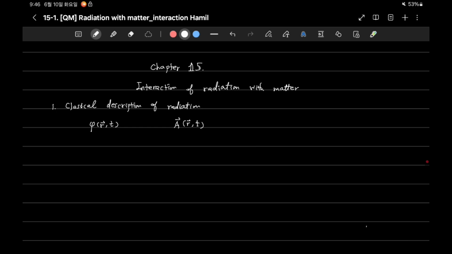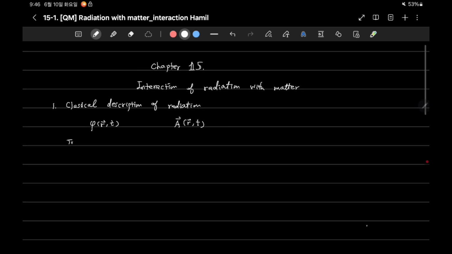But here we use the transverse gauge. Transverse gauge means that there is translation symmetry in space.